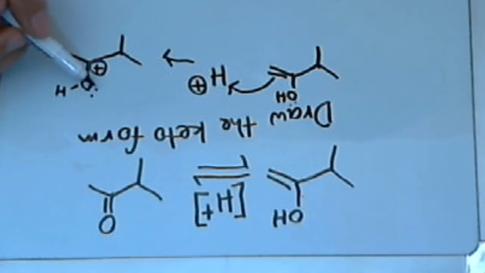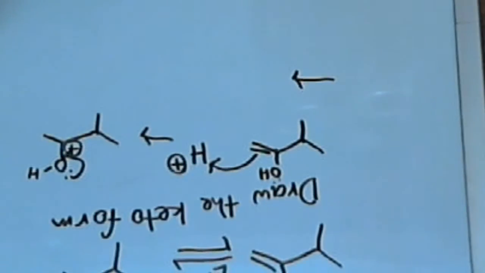So, we have a source of electrons and a positive charge here. We also know that oxygen is bigger, right? Oxygen is bigger than carbon, so it's better at carrying that positive charge as opposed to carbon, right? So, actually, it would be more stable if these electrons came down and formed a double bond there.